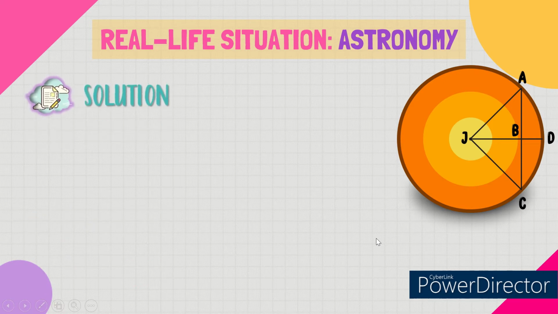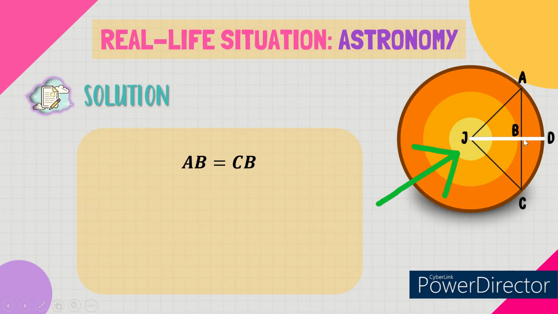Here, we have AB is equal to CB. It is equal because you can see this line JD bisects the chord AC. When I say bisect, it means that it is a line that divides something into two equal parts.